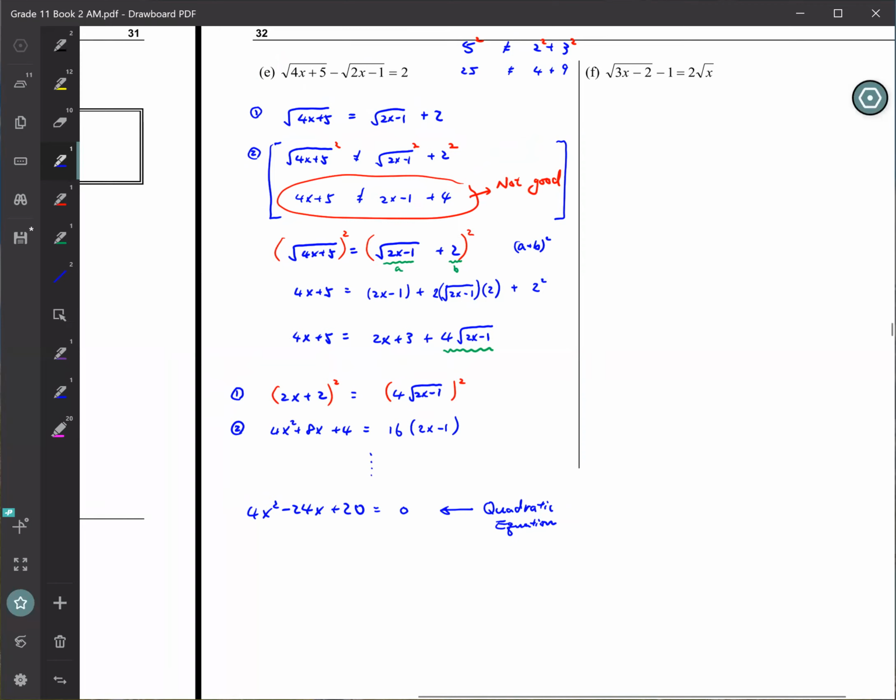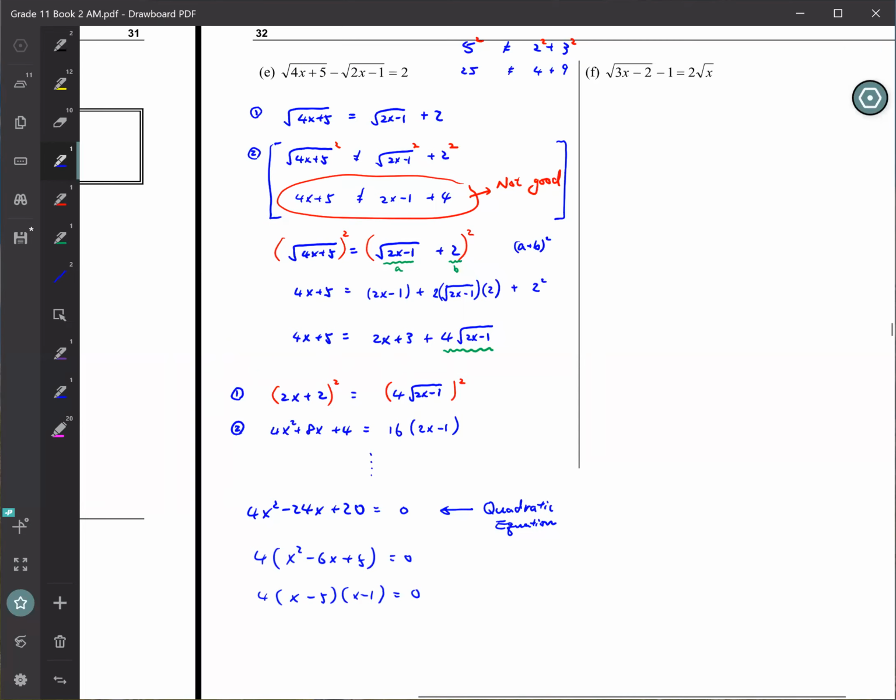It makes it easier to factor. What's the GCF, Eric? 4. What's left? x squared minus 6x plus 5. Continue. x minus 1 times x minus 5.